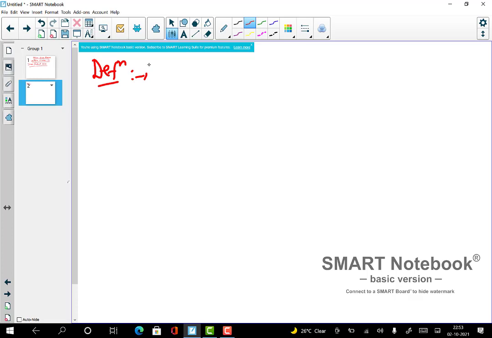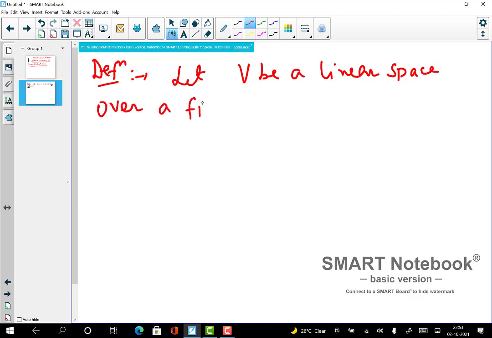We start with the linear space. So let V be a linear space over a field F, which is either real or complex.